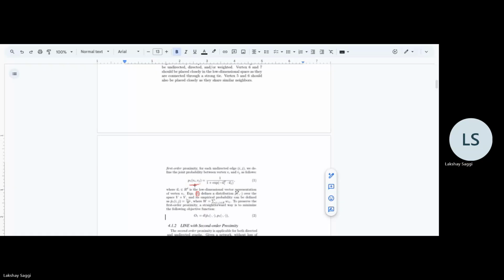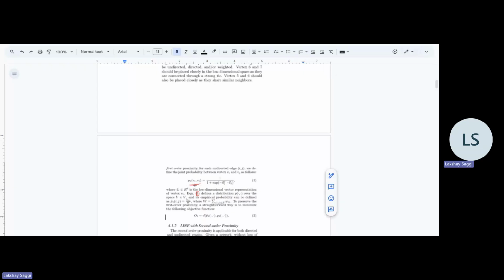So if ui and uj vectors are similar to each other, then this p1 vi vj value is very large, and there's a higher chance that vi and vj have an edge between them. Or you can say it vice versa also, that if vi and vj have an edge between them, then this value should be larger.